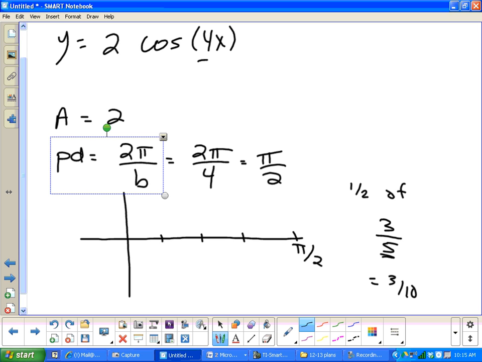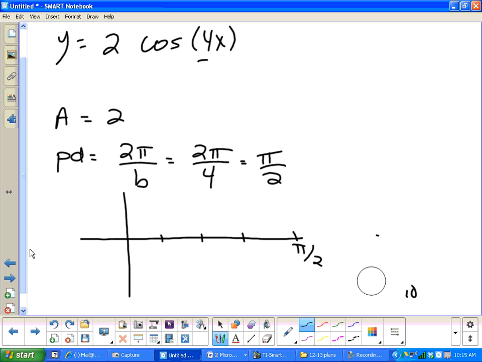So now let's figure out what half of pi over 2 is. Pi over 4. And now let's half again. What's half of pi over 4? Pi over 8. So every unit there is a pi over 8. So this is 1 pi over 8.